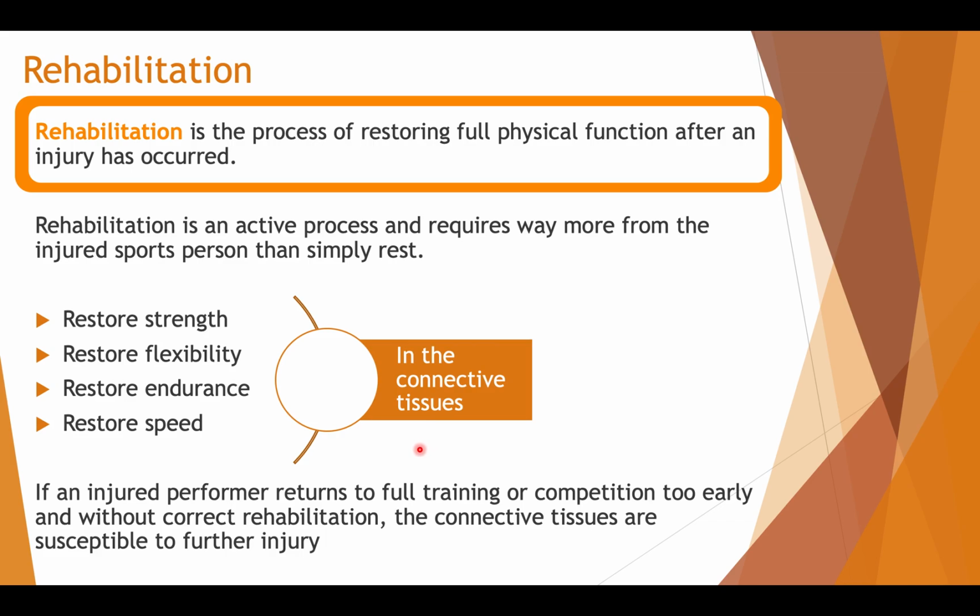If an injured performer returns to competition too early and they haven't gone through the rehabilitation procedure that we're about to look at, the connective tissues are really susceptible to further injury, and this is that intrinsic risk factor that we've discussed before, the intrinsic risk factor of previous injury. If someone's suffered an injury and they haven't gone through the rehabilitation process and got all these things in the connective tissues back to where they were before, they're much more likely to suffer from an injury again.